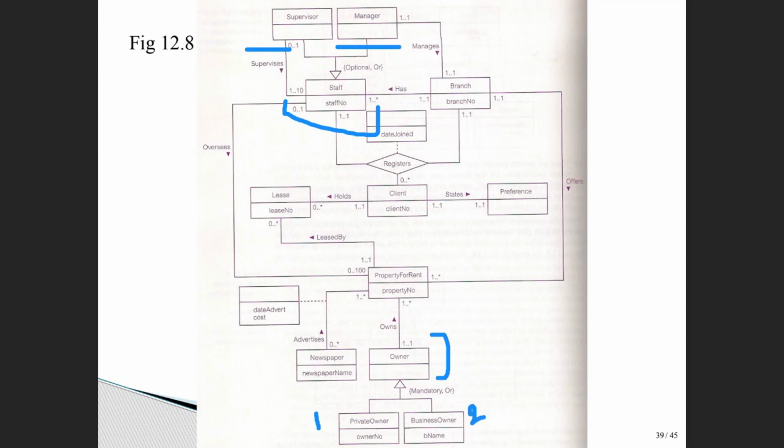So this is what we got. Here for the ER, we have improved it. We have enhanced it by adding these subclasses to certain superclasses.